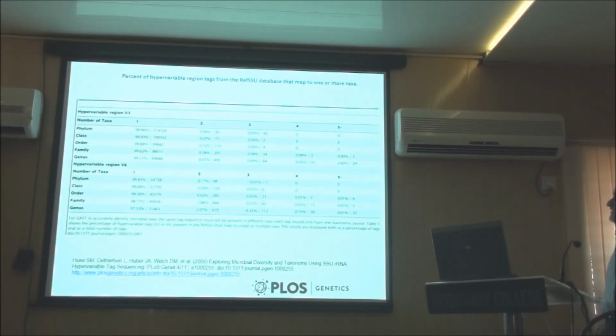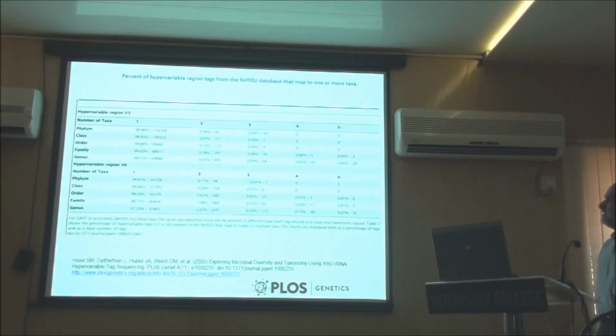And with the V6 region, 83% of the sequences could be assigned to a single phylum, 0.17% to 2 phyla, 0.01% to 3 or more phyla. In the same way you see that in the V3 region 99.11% of the sequences could be assigned to a single genus, and 0.07% could only be assigned to more than one genus.